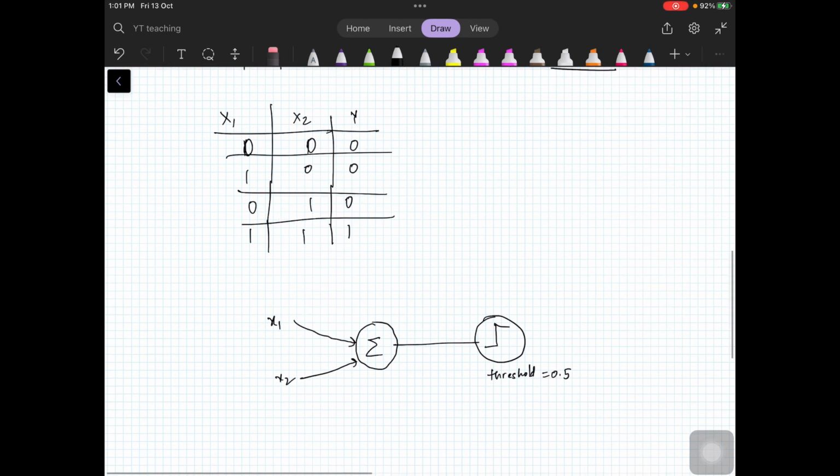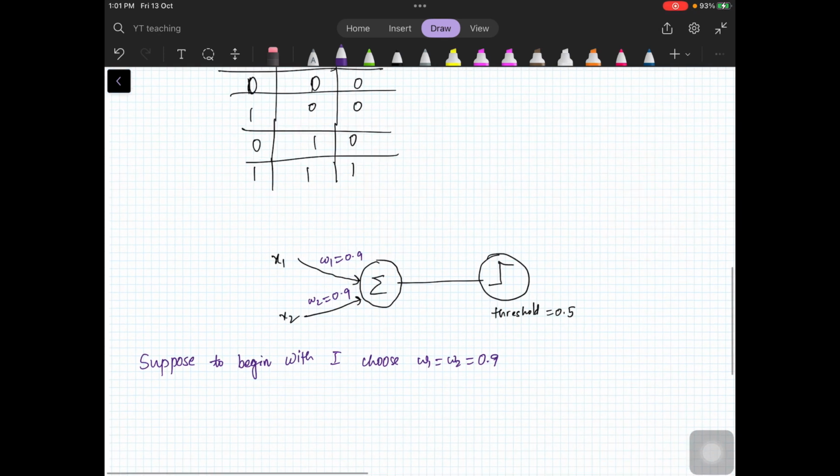Okay, so now I have to start with one set of weights, which I can choose randomly. Suppose to begin with, I choose W1 and W2 both as 0.9, right? So W1 is 0.9 and W2 is 0.9.